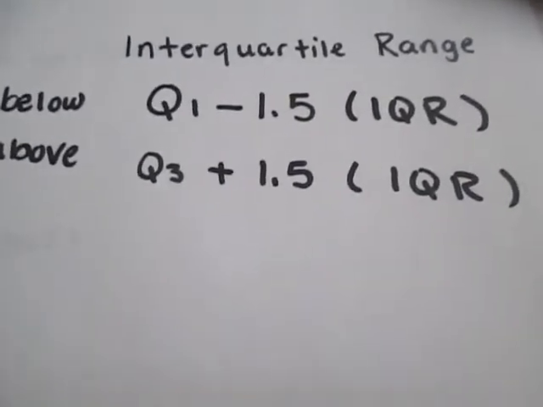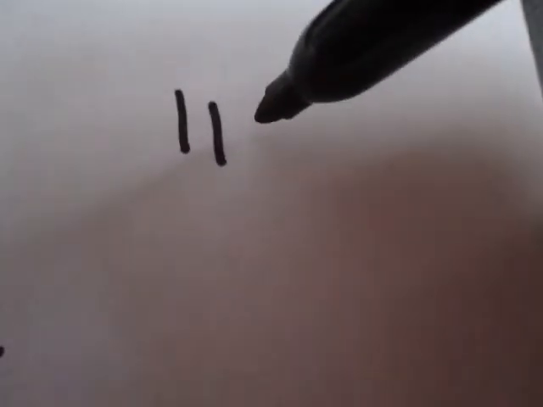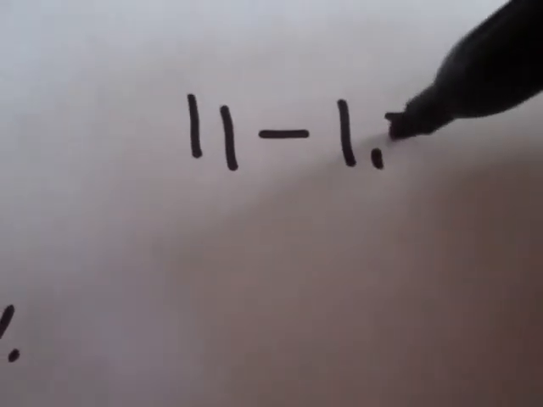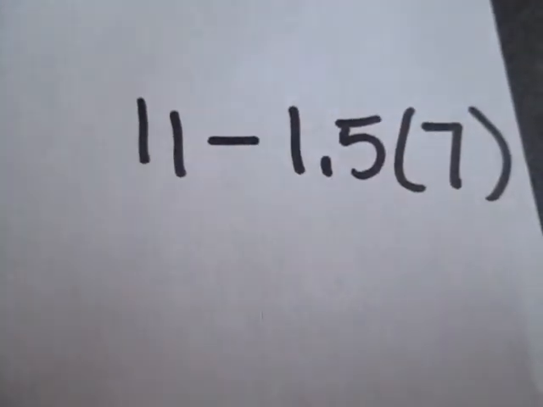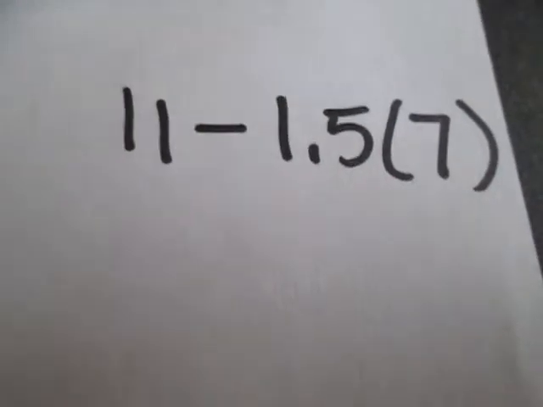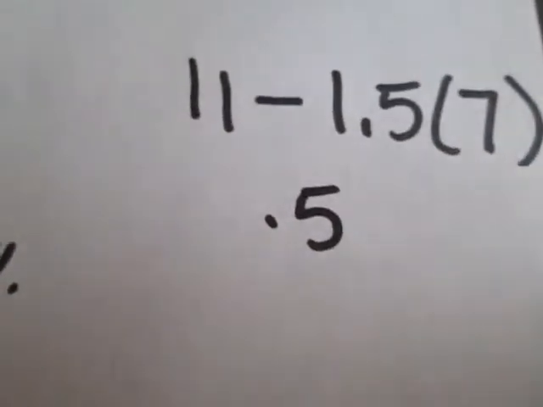So let's do an example with the data. Let's see what happens when we try to calculate any outliers. If you remember, quarter 1 was 11. And you subtract 1.5 times the interquartile range, which is 7. If you calculate that, you get the value. Anything below 0.5 would be considered an outlier.